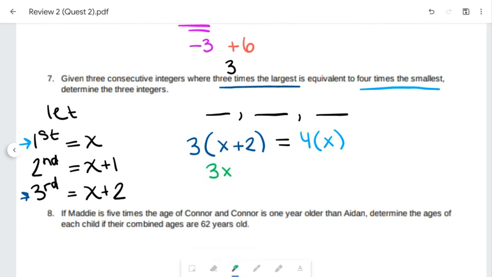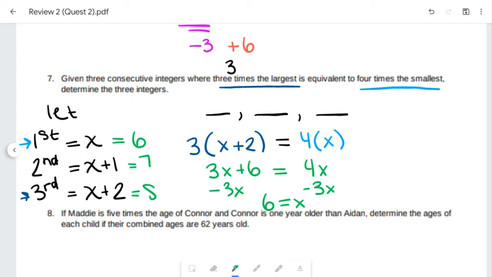We're going to distribute: 3x plus 6 equals 4x. We could subtract the 3x from both sides. So we end up with 6 equal to x. So that means we'd have 6, 7, 8, which makes sense because they are consecutive numbers from each other. So we know we did that correctly.